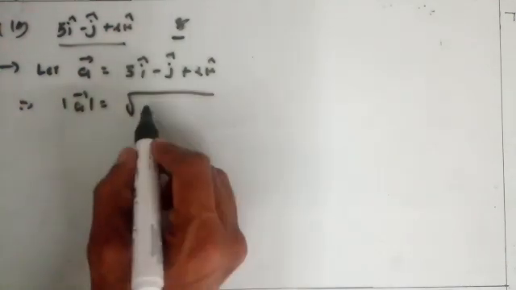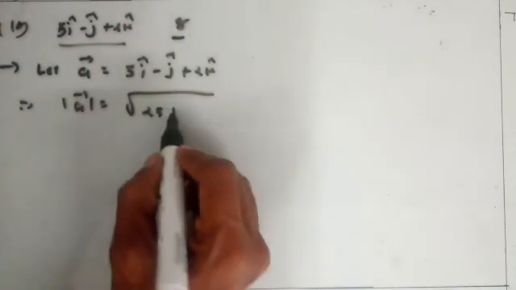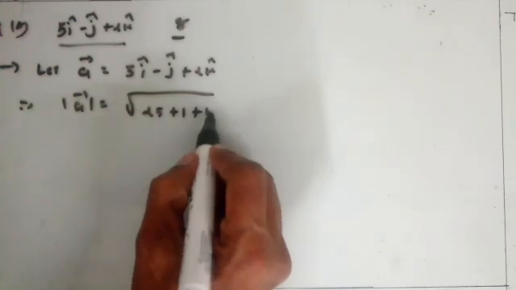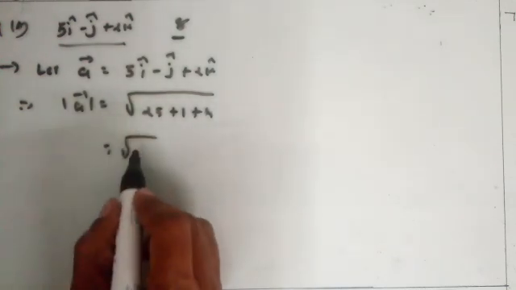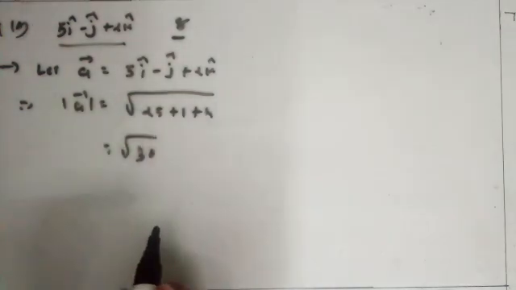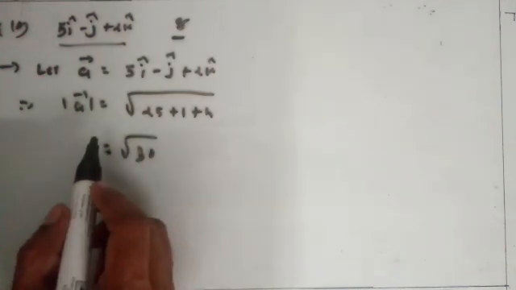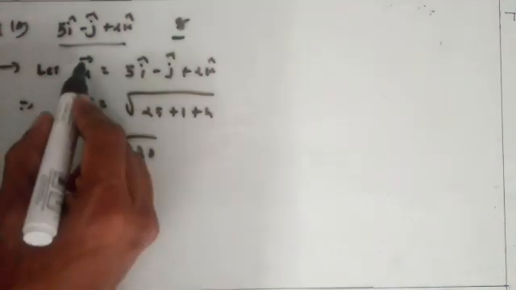Root of 5 square 25 plus minus 1 square is 1 plus 2 square is 4, which is equal to root of 30. Now find the unit vector in the direction of the given vector.